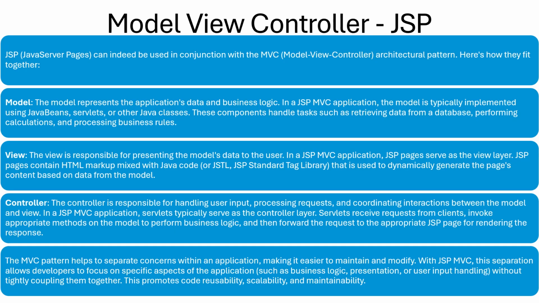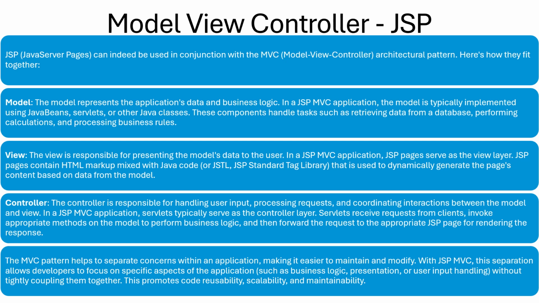So I want to add a bit about Java Server Pages in terms of the model view controller architecture pattern and how they work together. We have MVC, which you have often heard of in many applications. M is model, which represents the application's data and business logic.